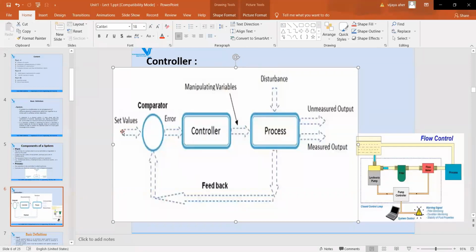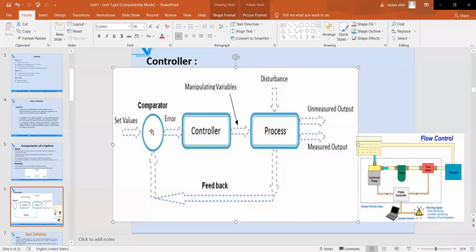The set value is applied to the comparator along with the feedback signal. So there is an addition or subtraction depending on the process, depending on the variable, and an error signal is generated. This is bt, this is et, and this is ut. So the error signal is generated.